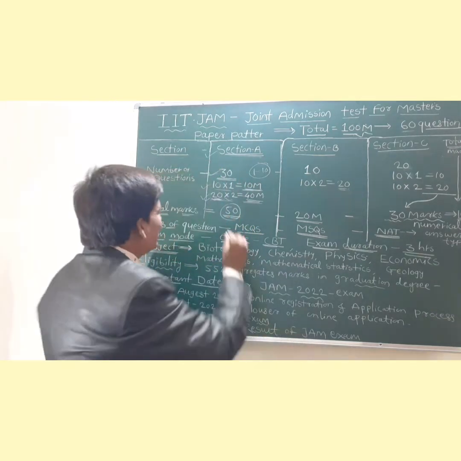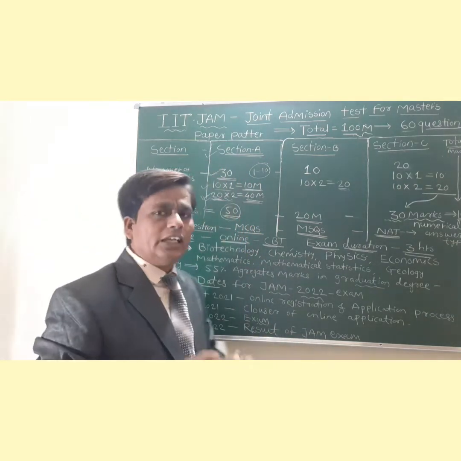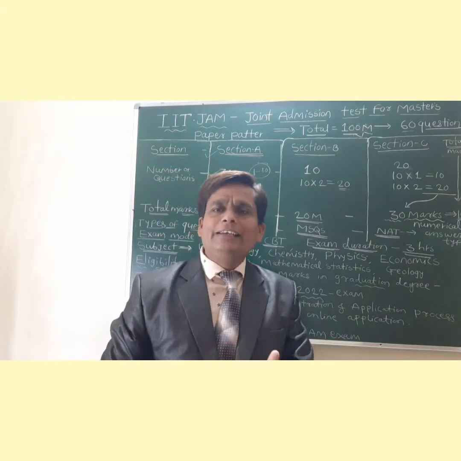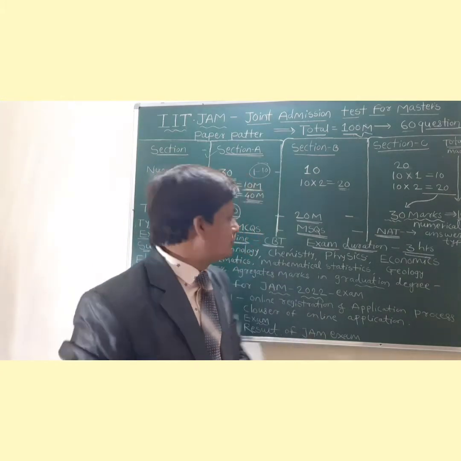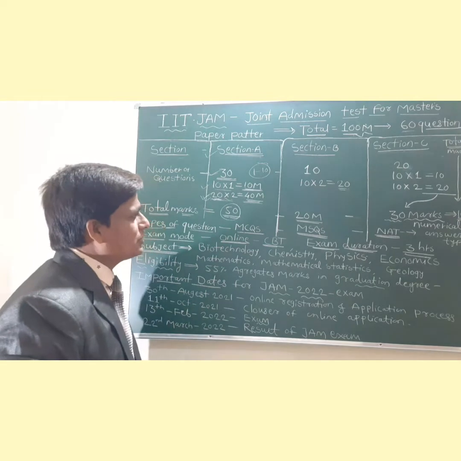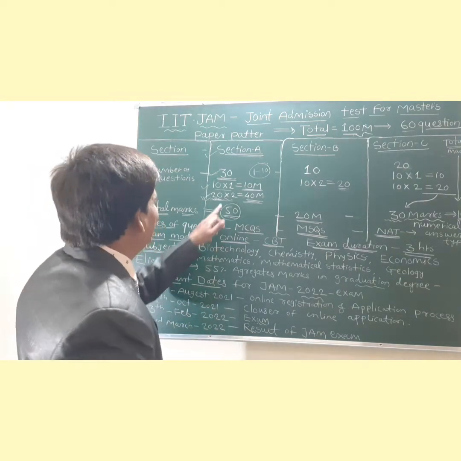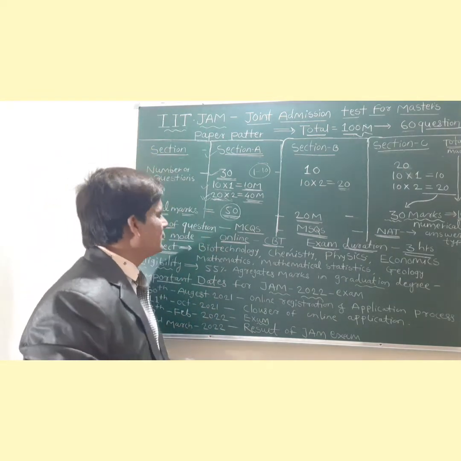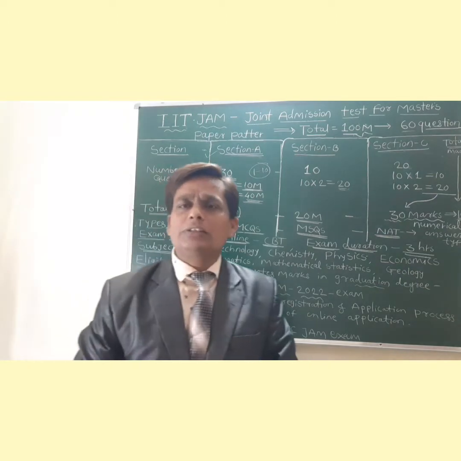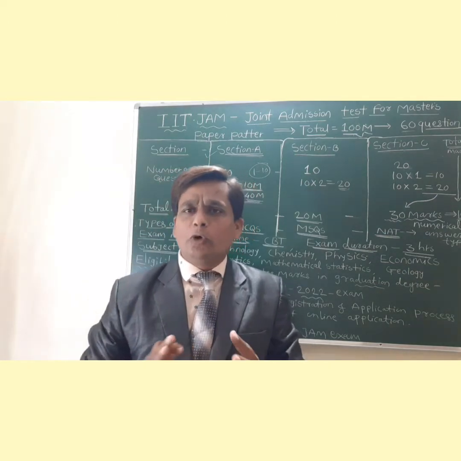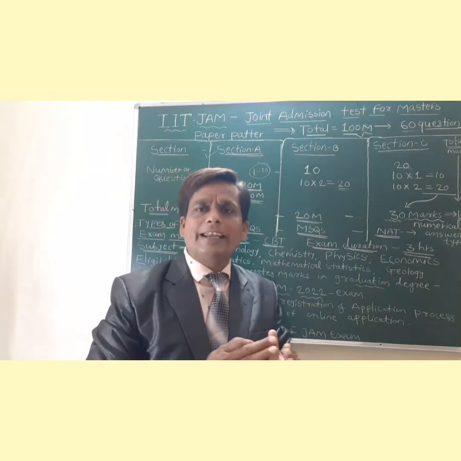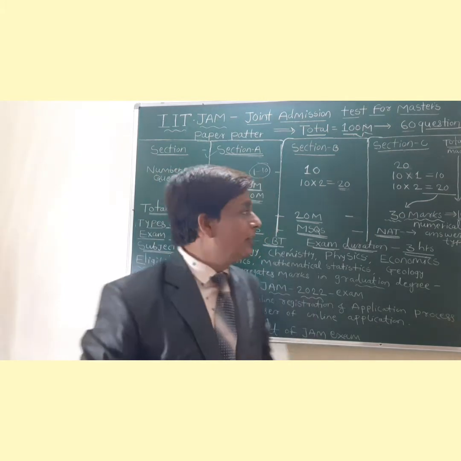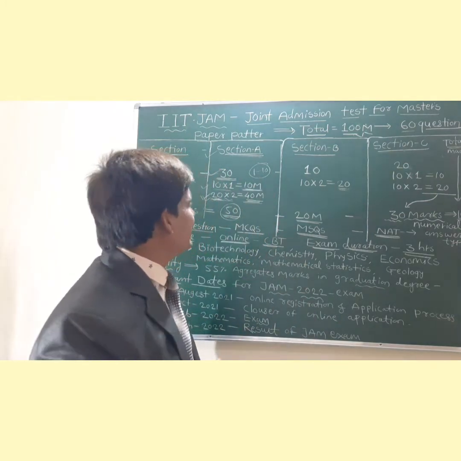For a 2-mark question, that means in those 20 questions, if you answer one wrong, 2/3 marks will be deducted. All are multiple choice questions, each with 4 options, and you have to choose the correct option. So section A is a very easy way to score.